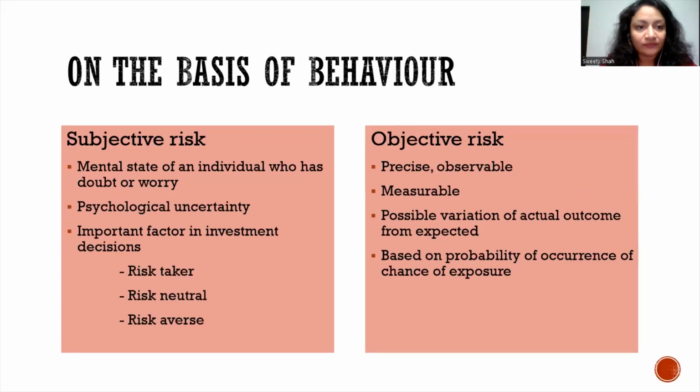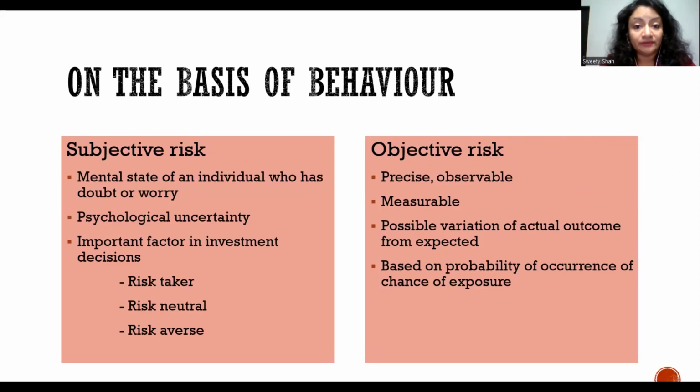Next category of risk is based on behavior. And here the risk has been bifurcated into subjective and objective risk. Subjective risk refers to the mental state of an individual who experiences doubt or worry for the outcome of a given event.